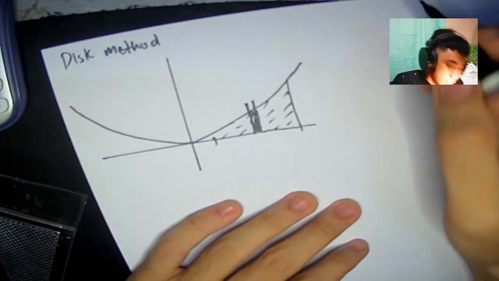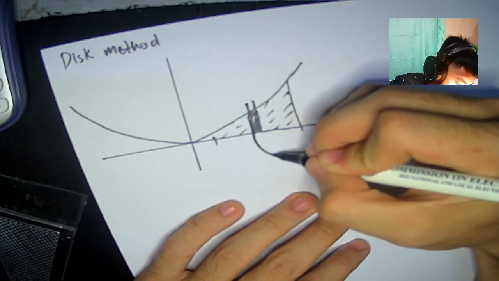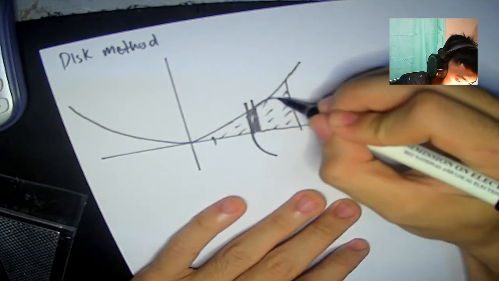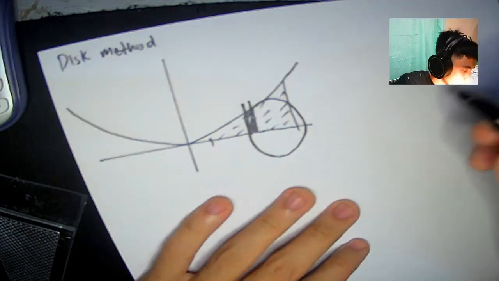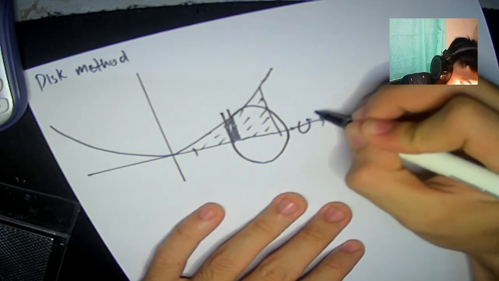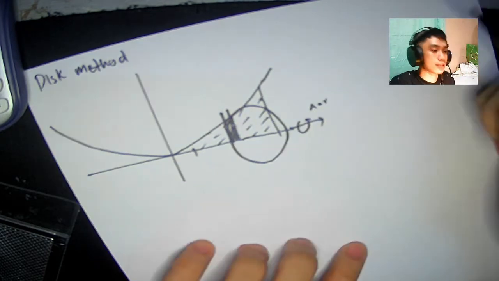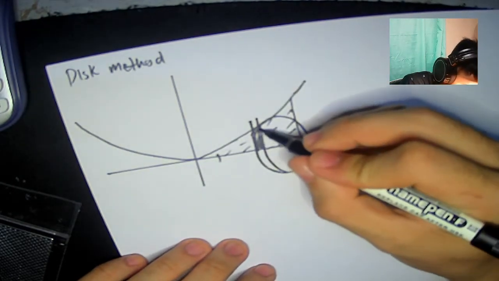So let's draw the disk. So where is our axis of rotation? The axis of rotation is here on the x-axis. So the disk looks like this.